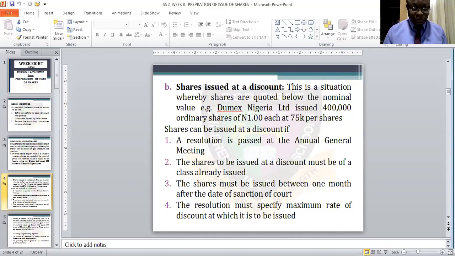Then the last one is that the resolution must specify the maximum rate of discount at which the shares are to be issued. So they have to decide, and the resolution needs to be passed, before they can decide on the maximum rate of discount to be given to the shareholders.